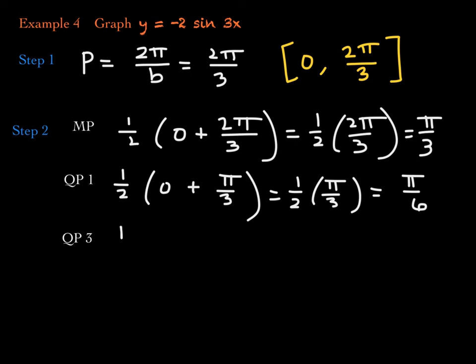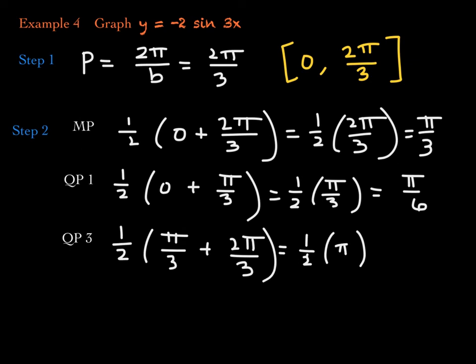The third quarter point is half the distance between your midpoint and your right endpoint. So then this is half of pi, because pi over 3 plus 2 pi over 3 is 3 pi over 3, which is just pi. So pi over 2 is your third quarter point.